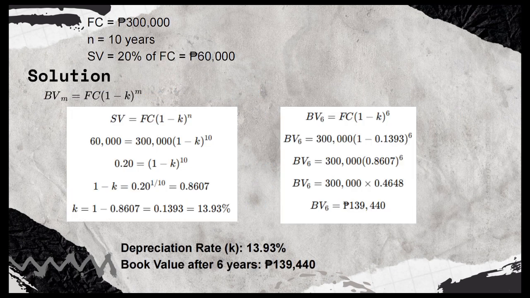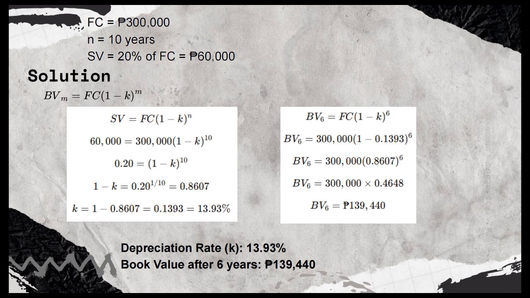So, now let's have the first cost, which is the 300,000 pesos, and the N, which is the life, is the 10 years, and the salvage value is equals to 20% of the first cost, which is the 60,000 pesos.